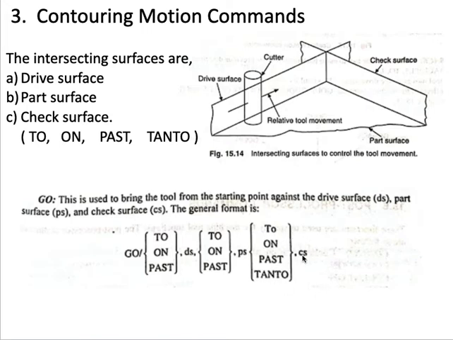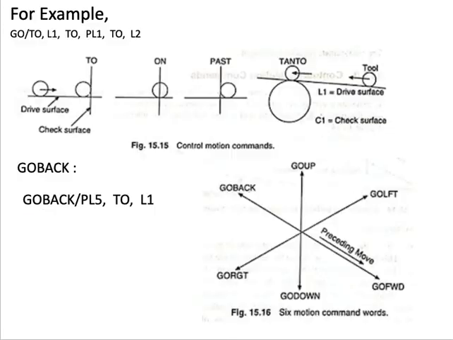In that sense, here continuous motion commands can be given. If you see an example, GO TO L1, TO PL1, TO L2. The initial drive surface is the line L1.